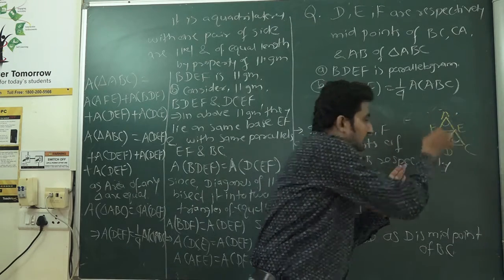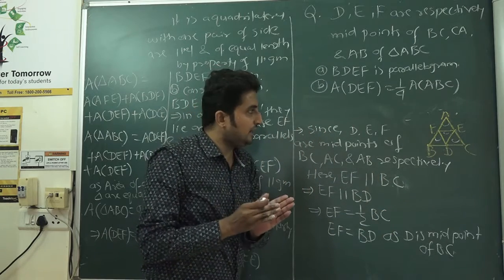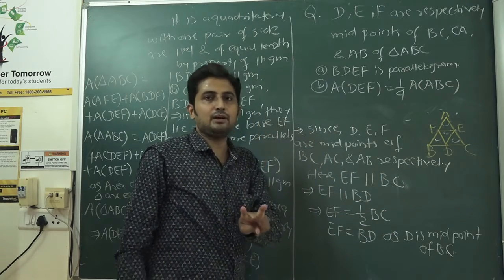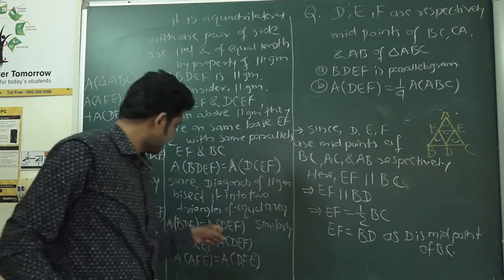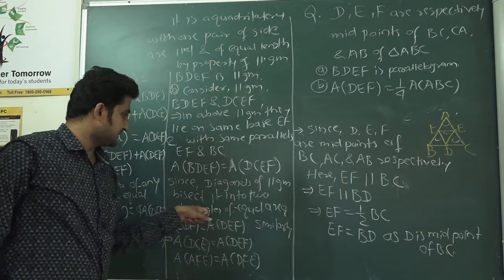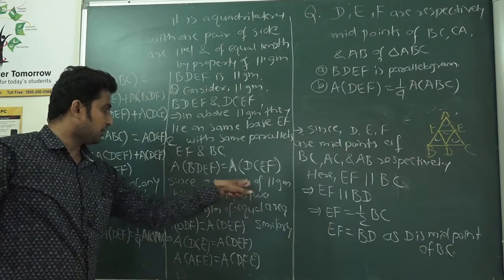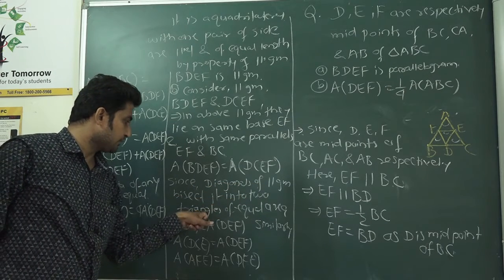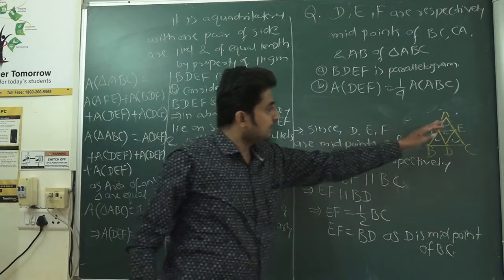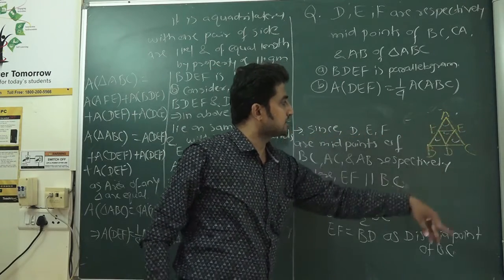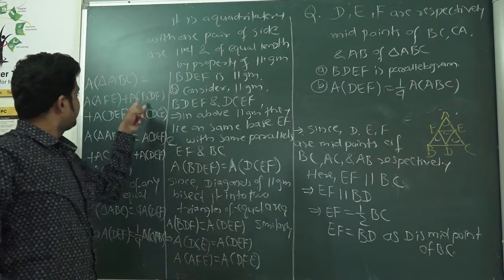All these three parallelograms will divide into two different triangles of equal area, since diagonals of a parallelogram bisect it into two triangles of equal area. That's how we are equating them.